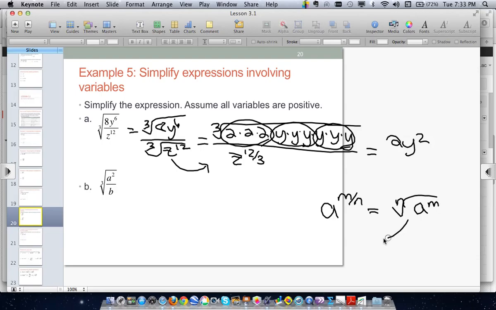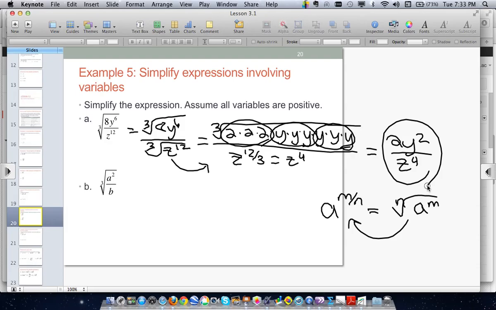So I'm just going the other way around. Because now I have z, 12 divided by 3 is simplified to z to the 4th, which is a whole number, which means it's not a radical. So my final answer is 2y squared over z to the 4th.